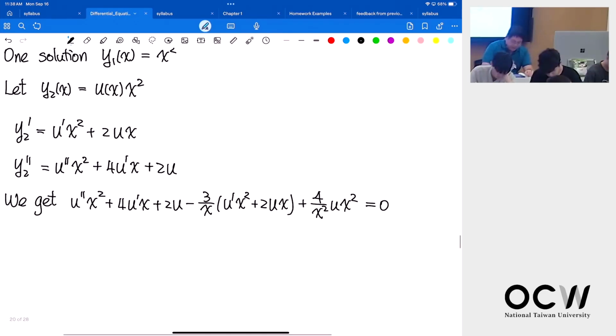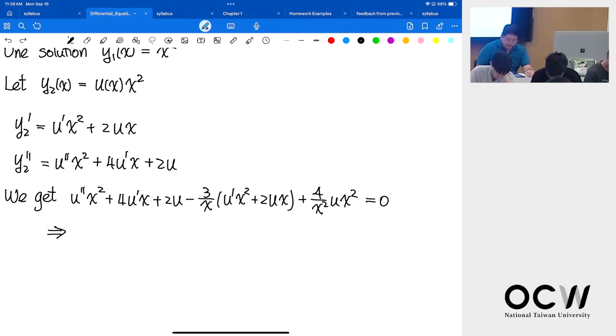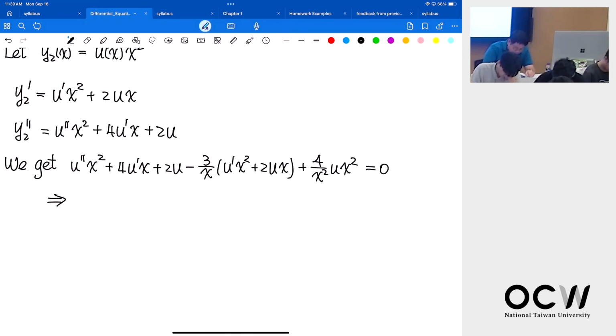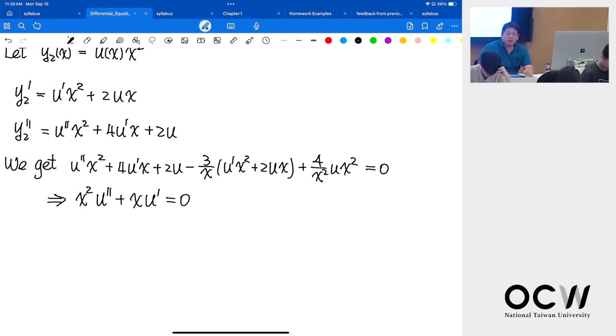So the next step is important. How do you simplify that? Just be careful. A lot of things can be cancelled out. Then you should get x squared u double prime plus x u prime equals 0. Okay, is everyone on the same page to here?